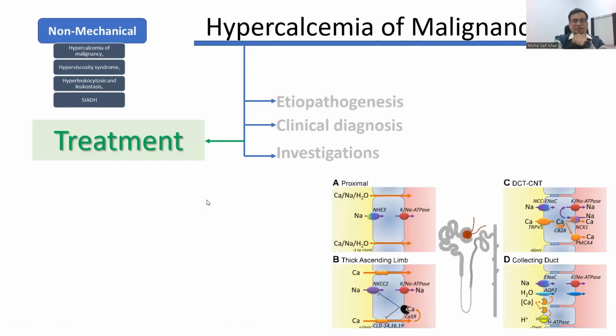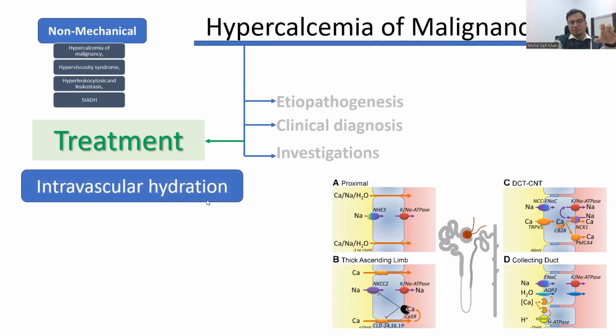Restoring adequate intravascular volume is the crucial treatment. The first line of treatment is intravascular hydration, because these patients, due to osmotic diuresis and prolonged hypercalcemia, can have severe dehydration, and that will lead to AKI. Intravascular hydration is crucial to improve the glomerular filtration rate and prevent further progression to acute kidney injury, and it can also decrease the renal reabsorption of calcium in the proximal tubule.